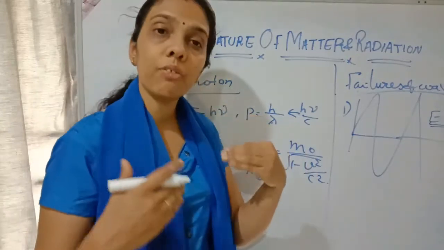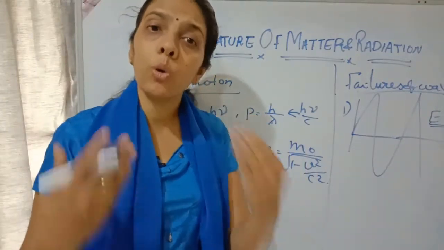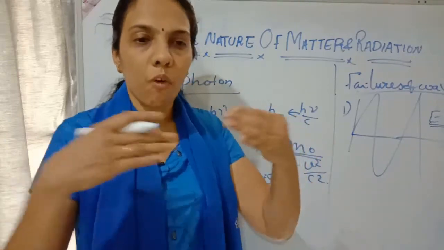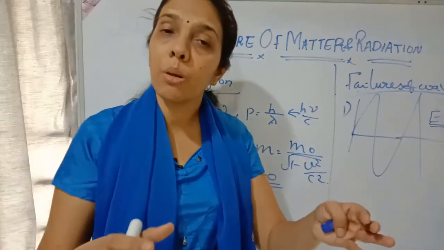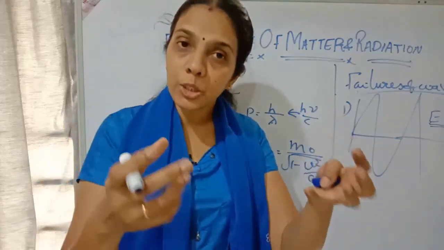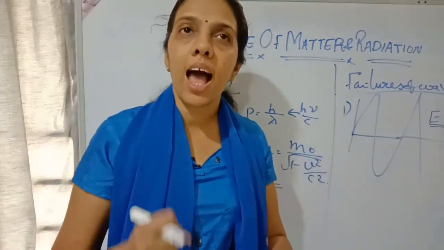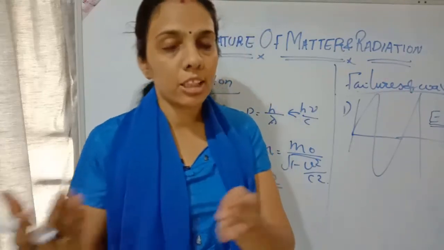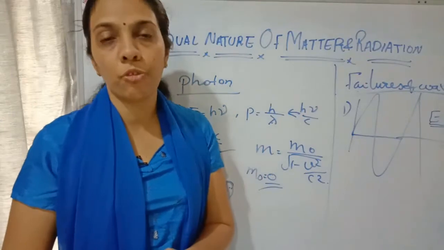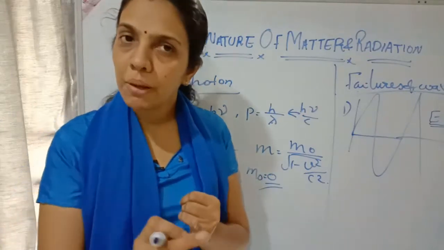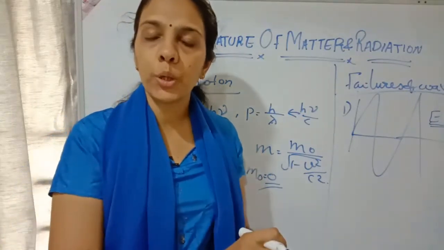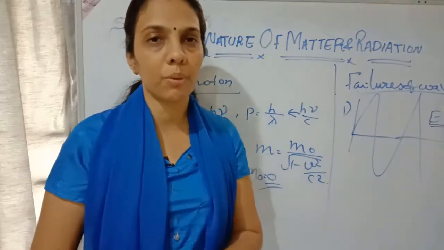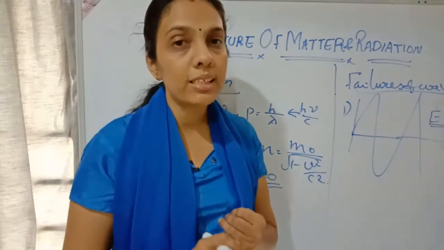So if light with more intensity falls on the metal surface, it will be absorbed by the electrons on the metal surface, and as more energy comes, it helps the electron to come out from the metal surface. As per wave theory, as the energy increases, more electrons are emitted from the metal surface. So is it actually so?